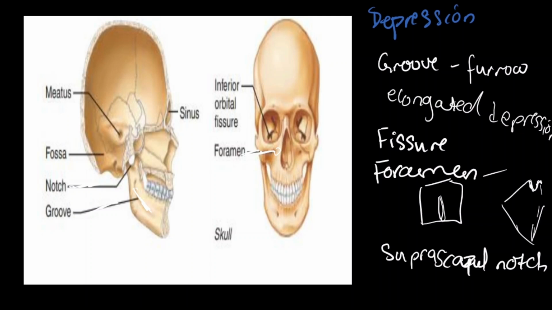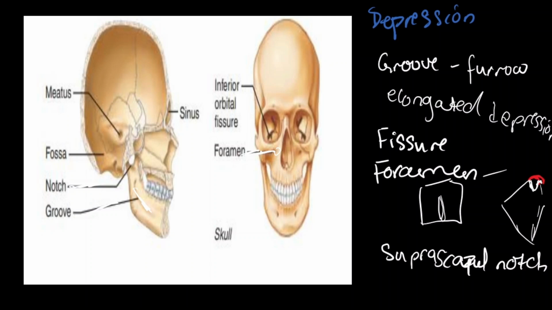It's not a hole, it's a notch, it's an indentation. However, this suprascapular notch with a ligament forms kind of like a canal. We would have an overlying ligament, a ligament that transverses the notch, and it provides a canal for the suprascapular nerve, as we'd go on to see in the upper limb.